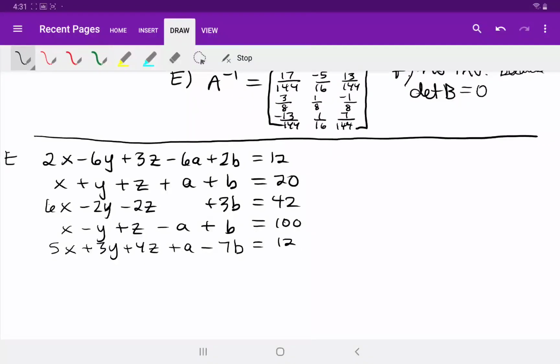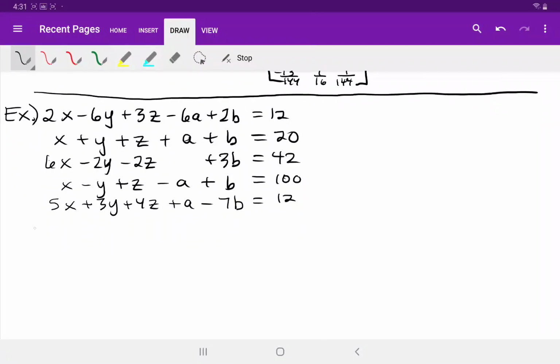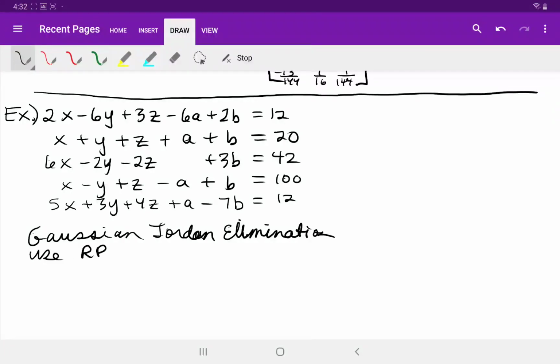Okay. Now we're going to do it both ways. The first way is going to be my favorite way. This would be if they say use Gaussian, or they might say use Gauss-Jordan elimination, or they might say use RREF. Now RREF stands for reduced row echelon form.